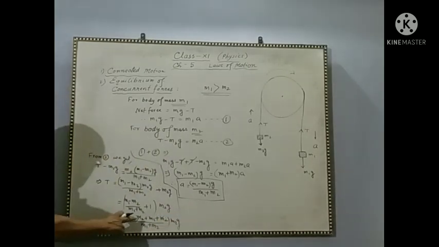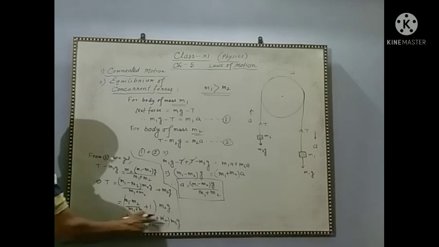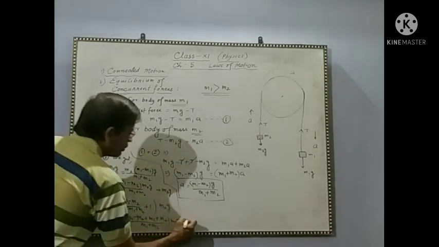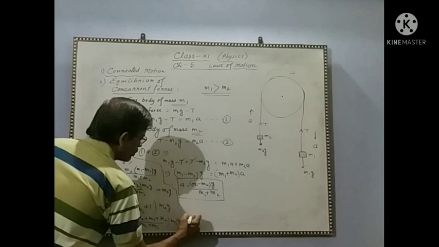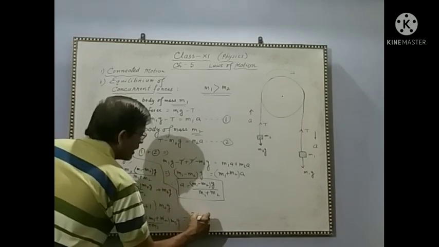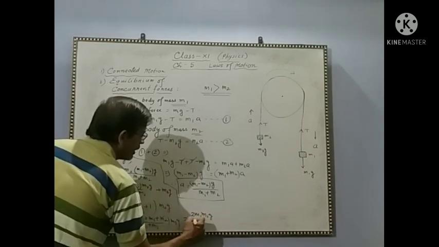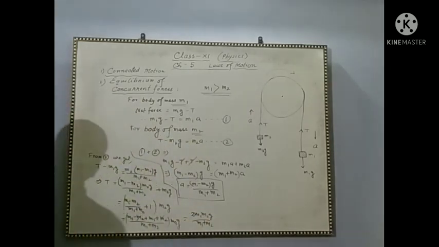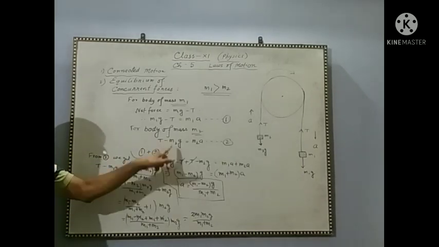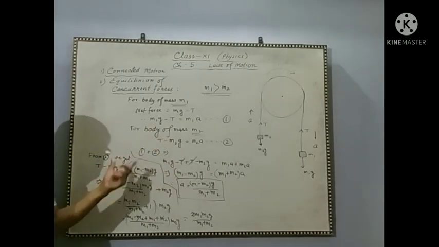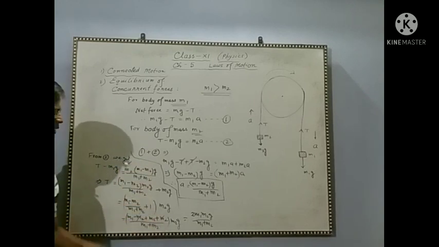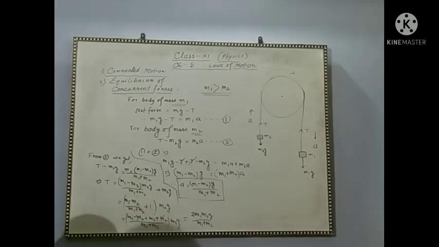So this is twice M1 M2G by M1 plus M2. This is the expression for tension in the string. We are getting T equals twice M1 M2 G by M1 plus M2.